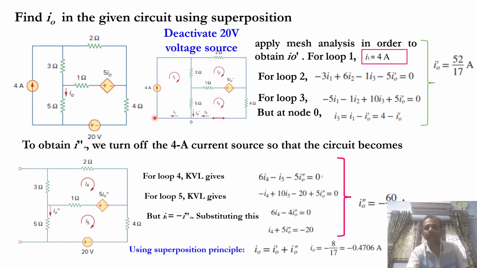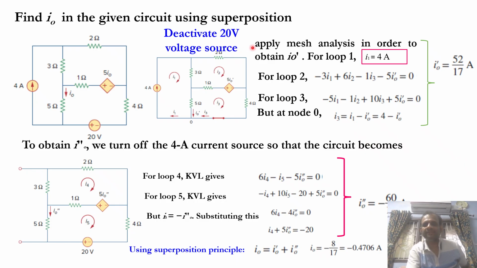So total current is 0. So I3 plus I0 is equal to I1, so I3 is equal to I1 minus I0. It depends on the direction you are taking. Current entering the node is taken positive here, current leaving the node is negative here. So depending on the equation you can write.